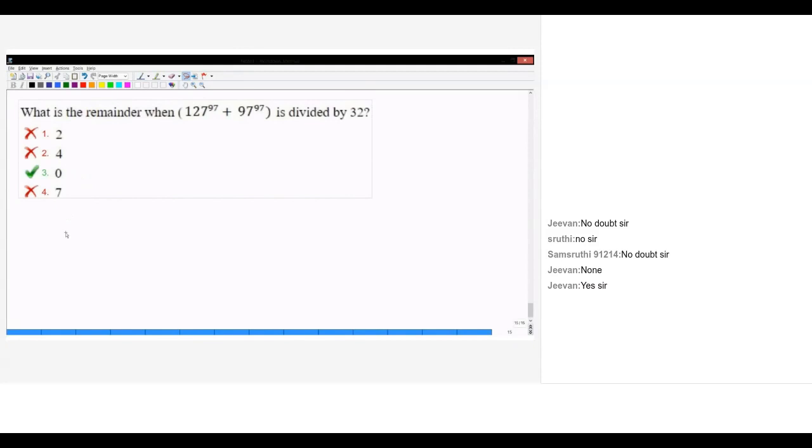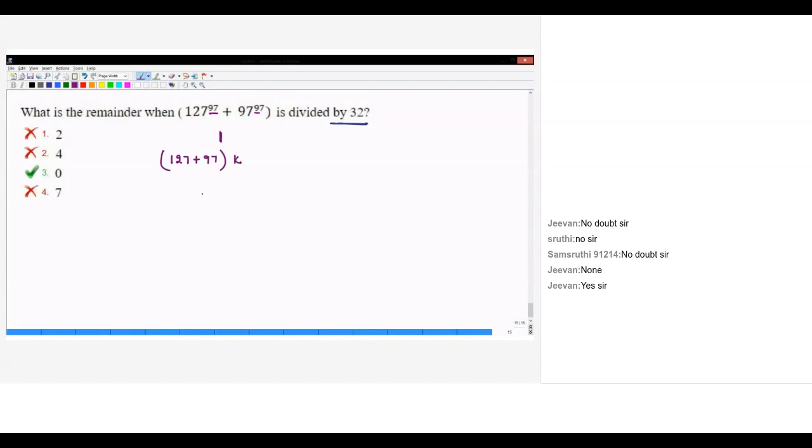Answer is anyway there, but see there. How can we say when it is divided by 32, what is the remainder? In the form of a power n plus b power n, so a plus b is a factor. So you can write 127 plus 97 into k. This whole number can be written as like this.